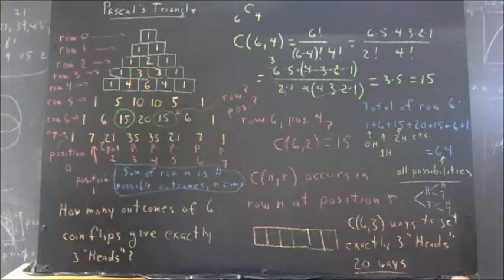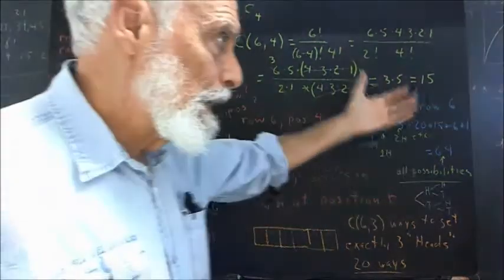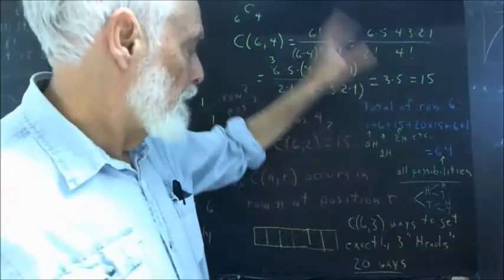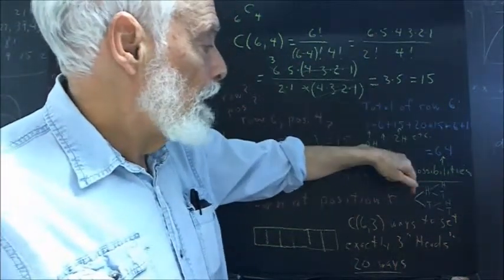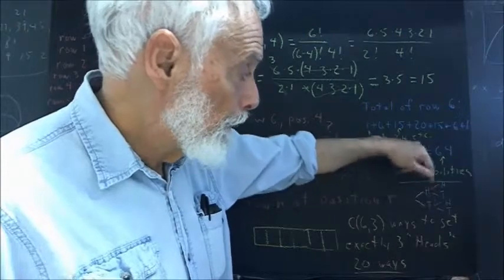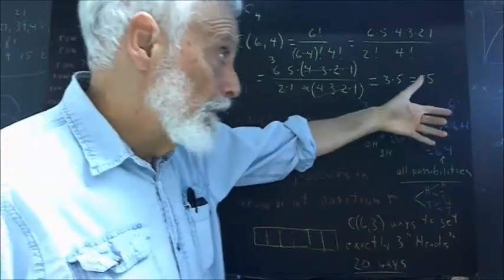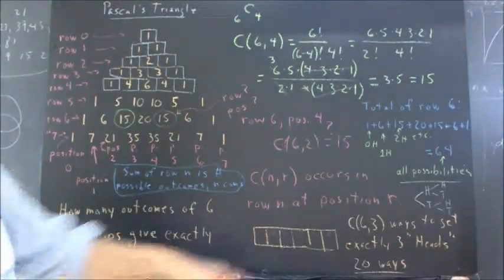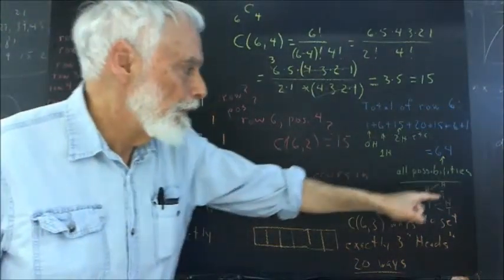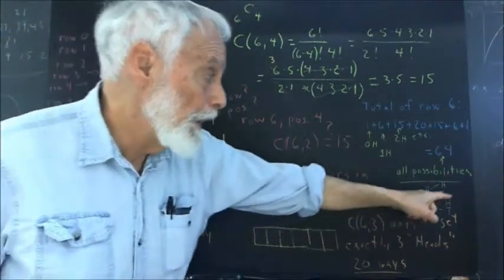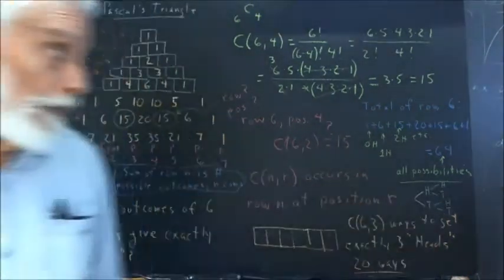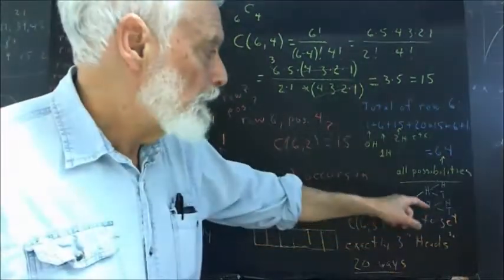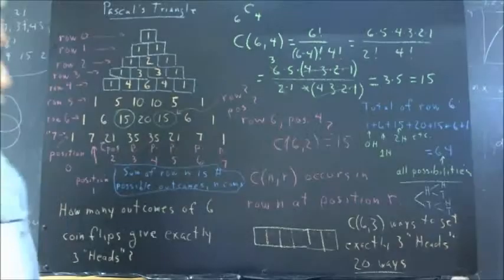And of course, we can verify that. We can draw a tree. Now, I can't draw the whole tree. Don't have enough room on the board. But if we start the tree, we got heads or tails in the first flip. Then on the second flip, we've got heads or tails, and of course we can have heads or tails after heads on the first flip, or heads or tails after tails on the first flip. Okay, so we have 2 possibilities for the first flip.